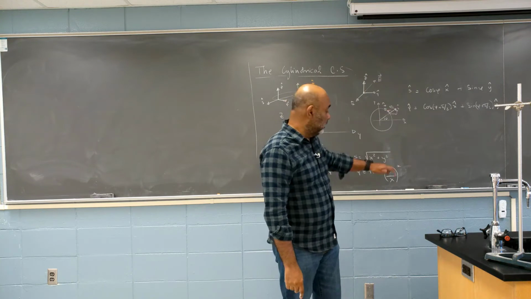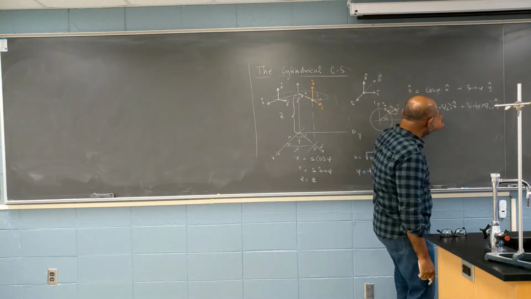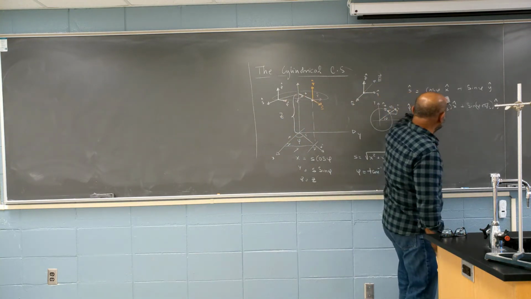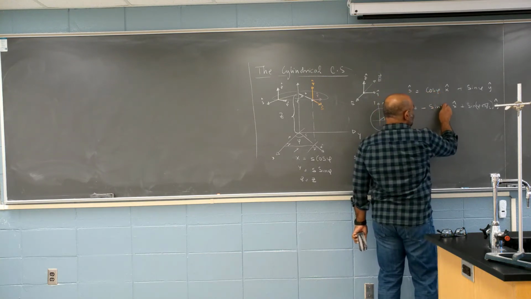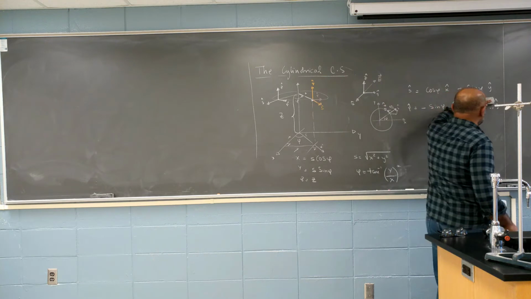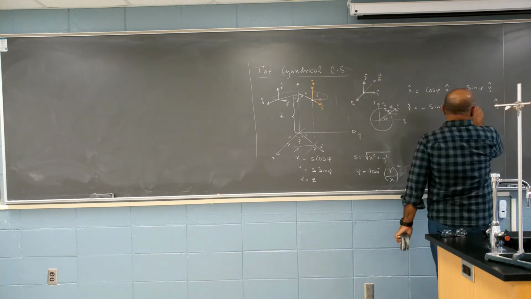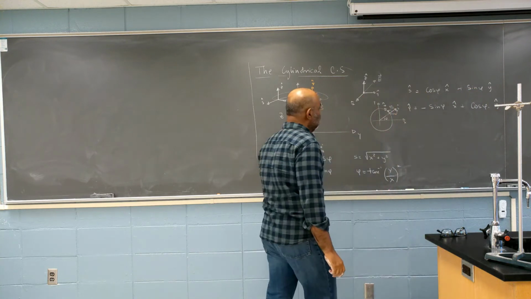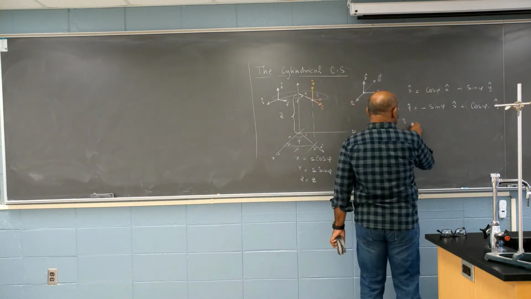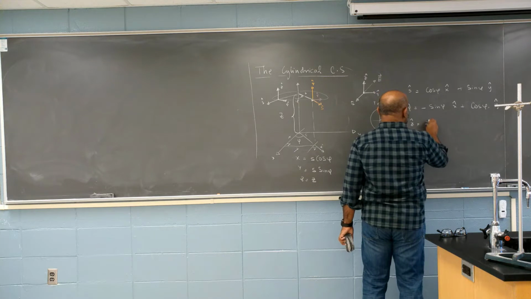You guys write it as a different line, but cosine of phi plus pi over 2 is minus sine phi. This is cosine phi. And z hat equals z hat.